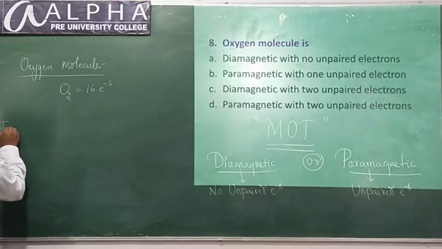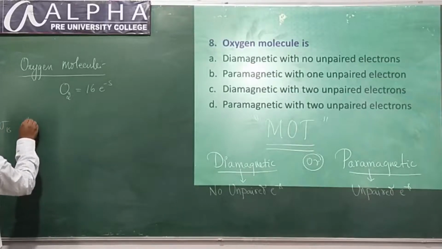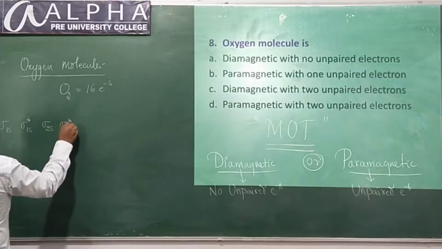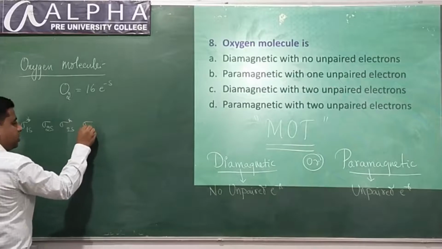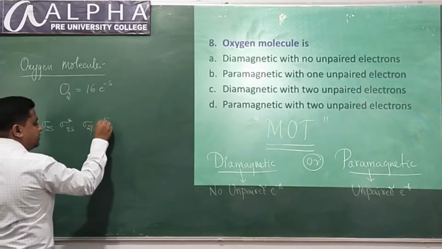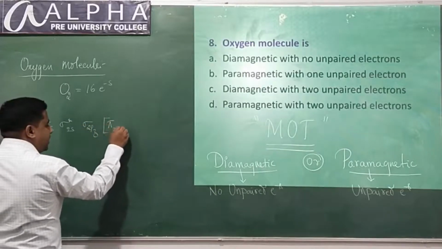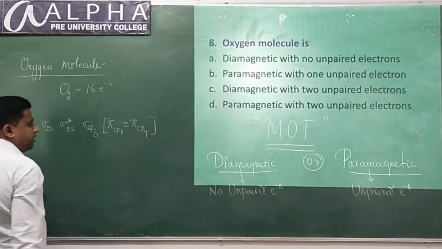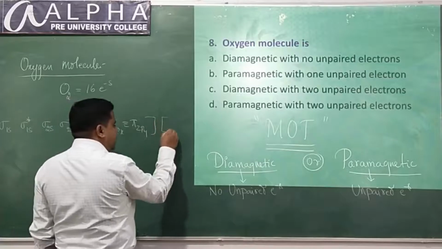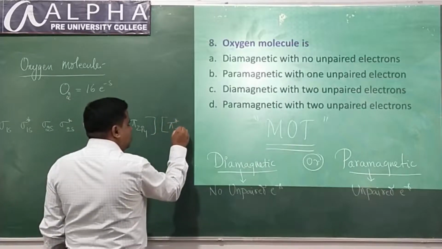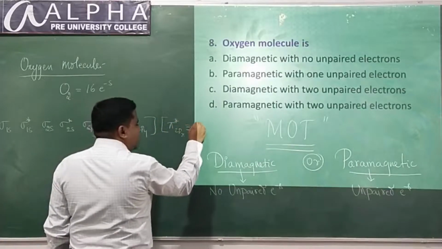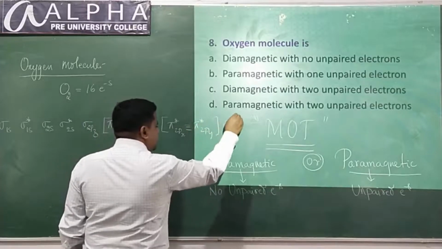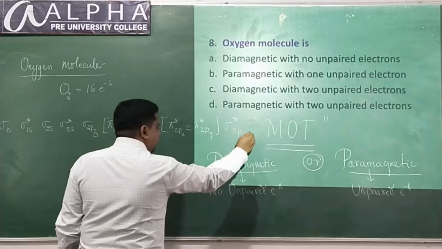Sigma 1s, sigma star 1s, sigma 2s, sigma star 2s, sigma 2pz, then pi 2px equal to pi 2py, then pi star 2px equal to pi star 2py, and lastly sigma star 2pz.